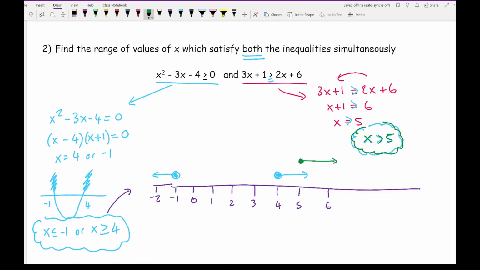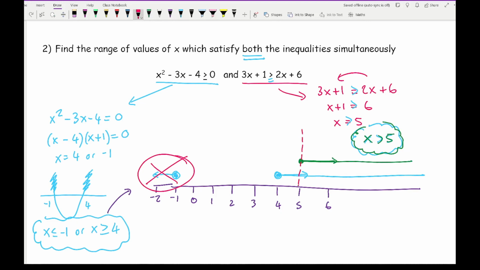Now I want the range of values that satisfy both. This part here doesn't contain any green numbers, so that's going to be a no-go. And looking at this, the only set of values that are going to have both blue and green lines are numbers beyond 5.